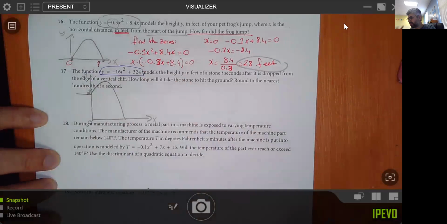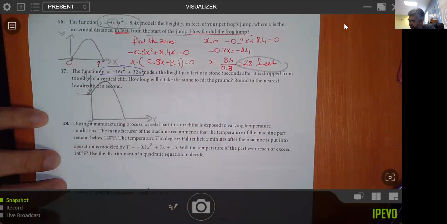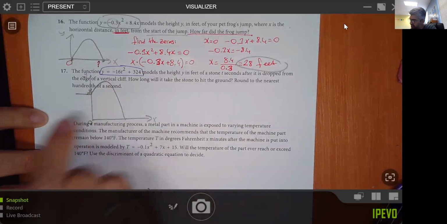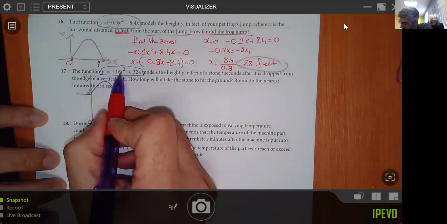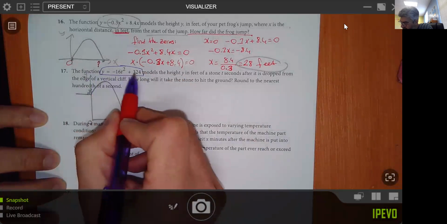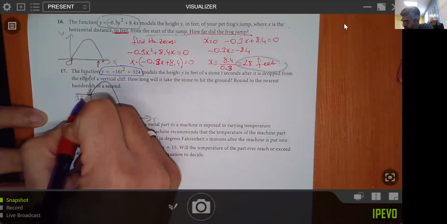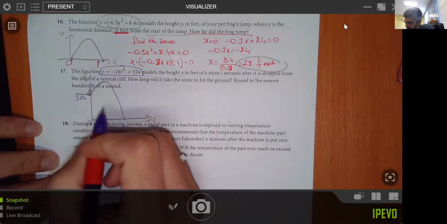I didn't even finish reading the question because I visualize the situation the function models. If t is equal to 0, what is y, guys? If t is equal to 0, y is 0 plus 324. Well, 324 is this point here. It's just the initial point, yes?